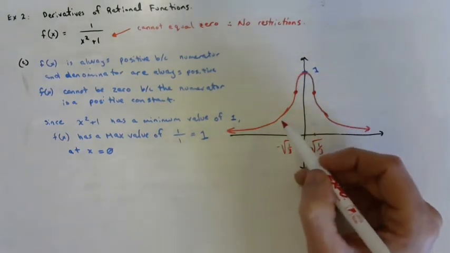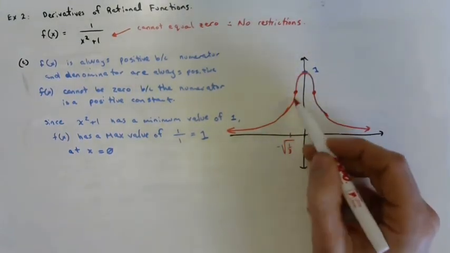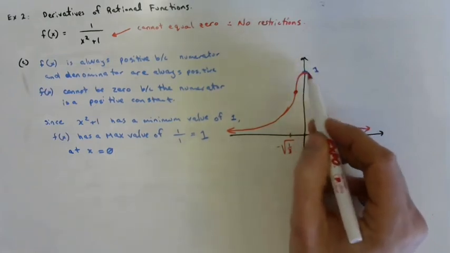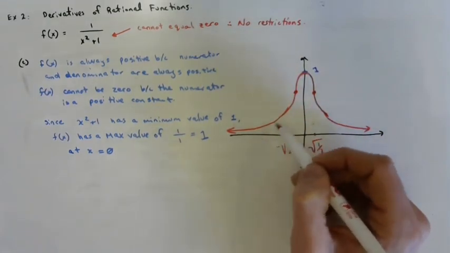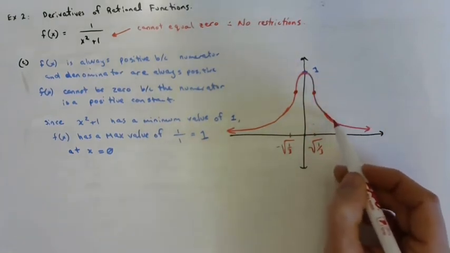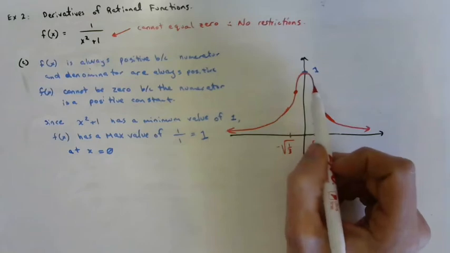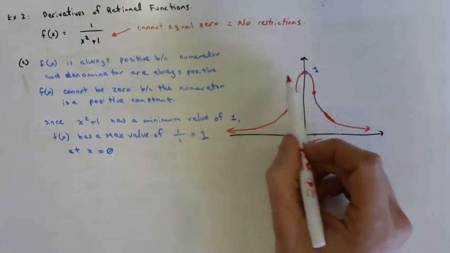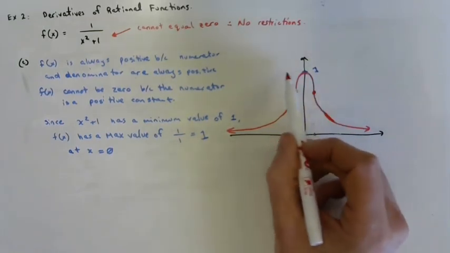Point of inflection means it goes from being concave up to being concave down. The tangent lines are all below the curve here, then above the curve here, then below the curve here again. And if we took our first derivative, we find out that the slope of the function is 0 at x equals 1.